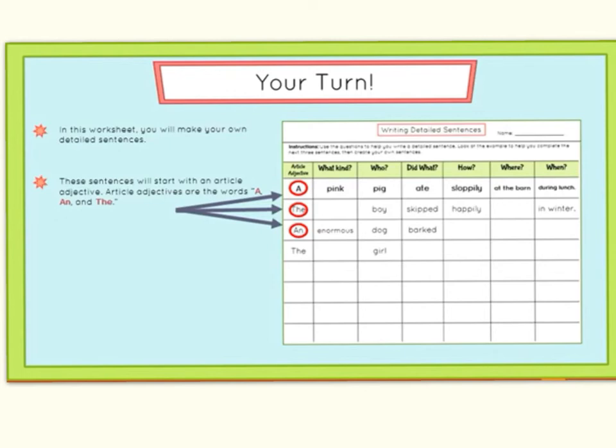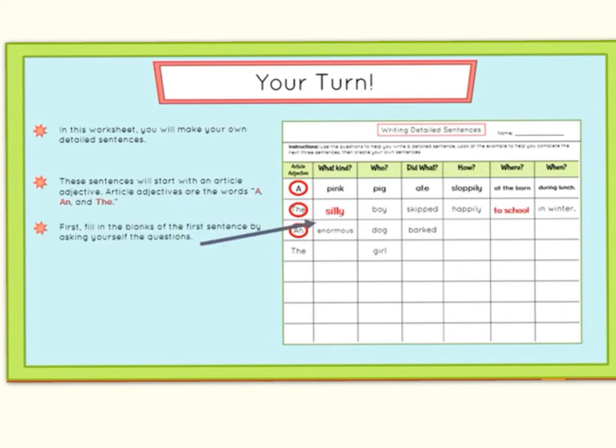So we first of all have the article. The second thing that we have is what kind, okay? So this is the adjective. So is it pink? Is it silly? Is it enormous? Who knows? That's your choice, okay?